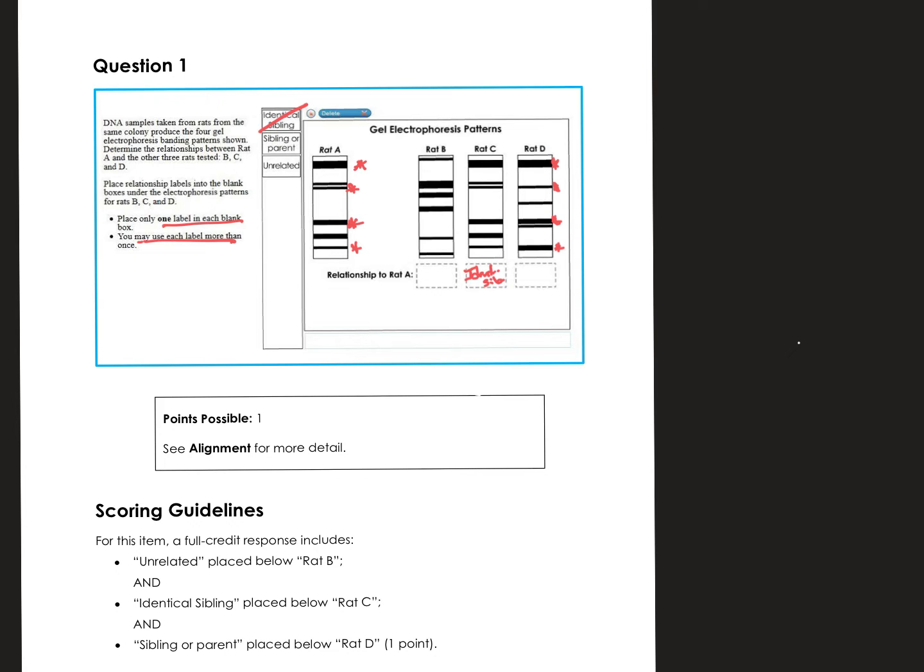It's thicker on the right than it is on the left. But to me, there's 1, 2, 3, 4 similarities between A and D. So there's 4 similarities. So at that point, I'm going to have to say it's similar enough that it could be a brother or parent. Sib or parent.